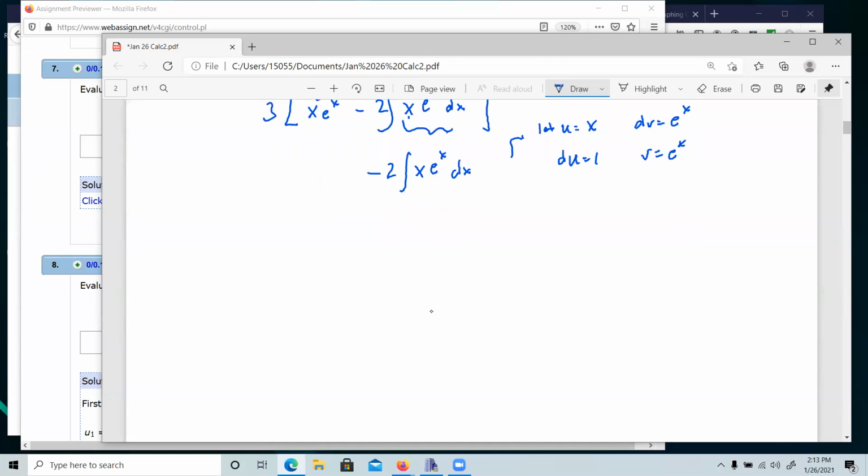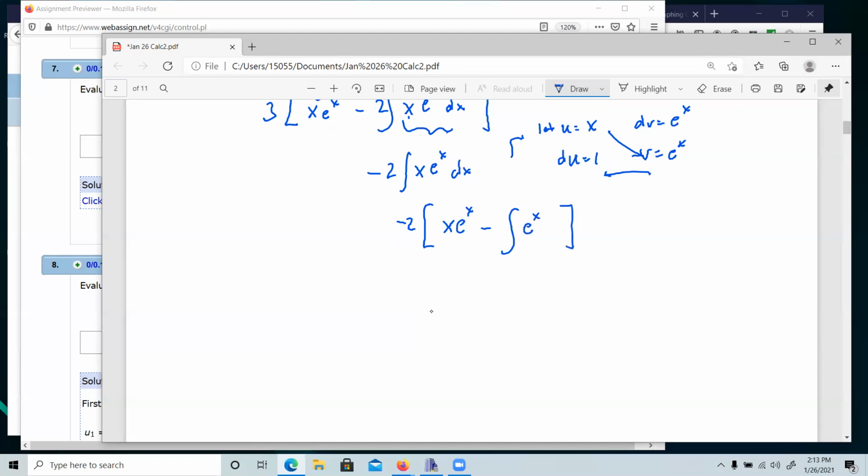Okay, this is almost as fun as the problem we did yesterday. I mean, not quite so much fun, but close. All right. So here's our 2, and then our integral here is uv, so it's x e to the x minus integral v du.